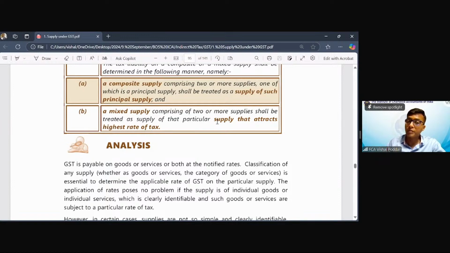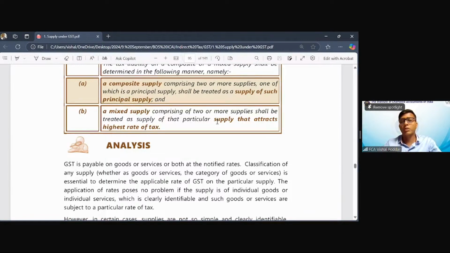This will happen if the transaction is classified as a mixed supply. So we are talking about package items. This package may have different services, different goods, or a combination of goods and services, but the entire package would be treated as one item. So for the entire package, one rule will apply, and according to that rule, the entire package would be treated throughout GST.